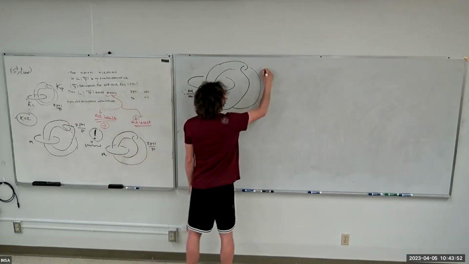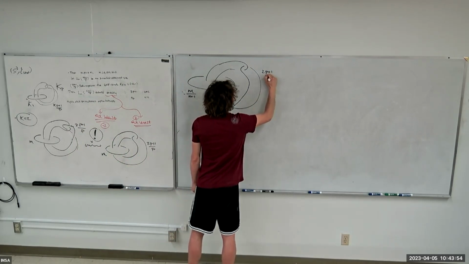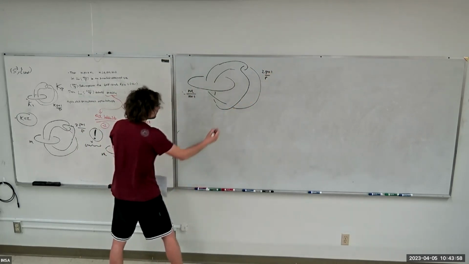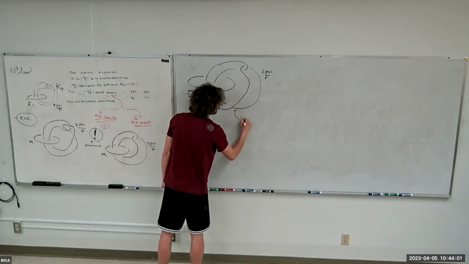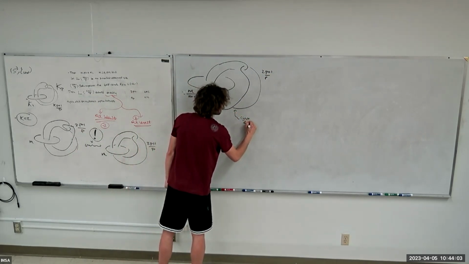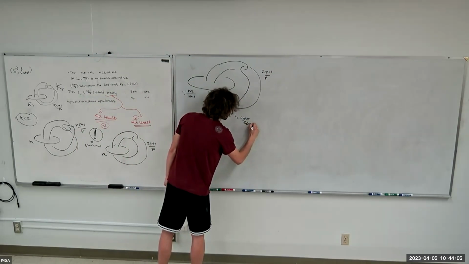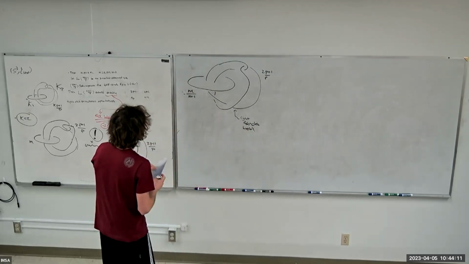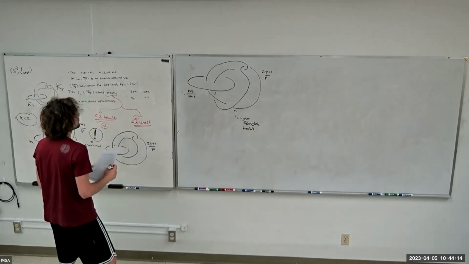And this is 2p plus 1 over p. Notice now that this is just right. Okay, so this is my working picture.